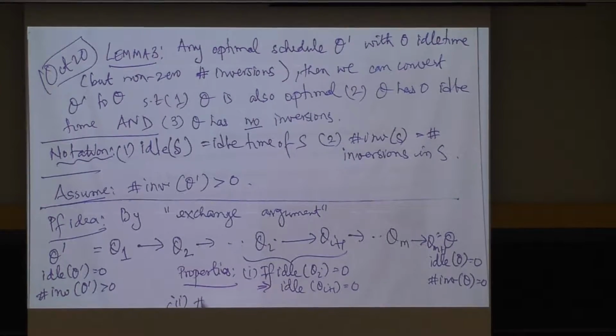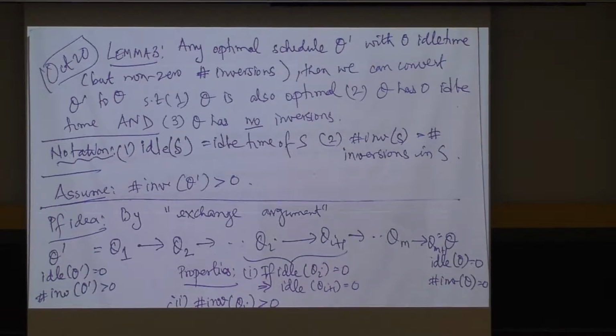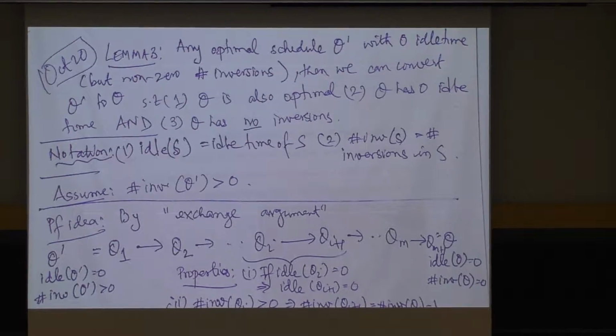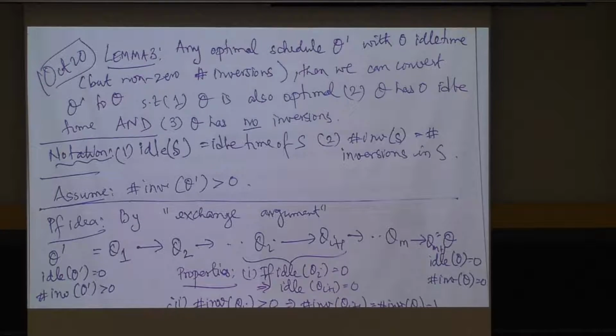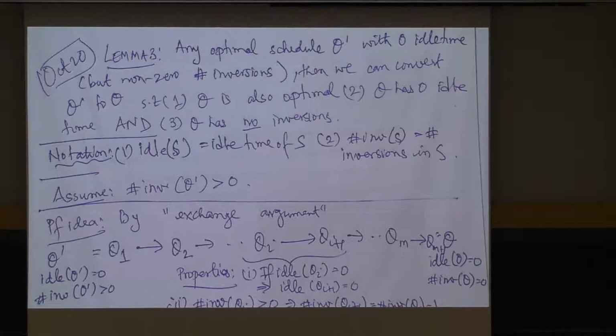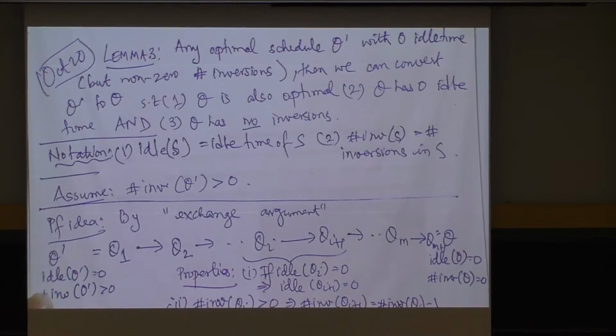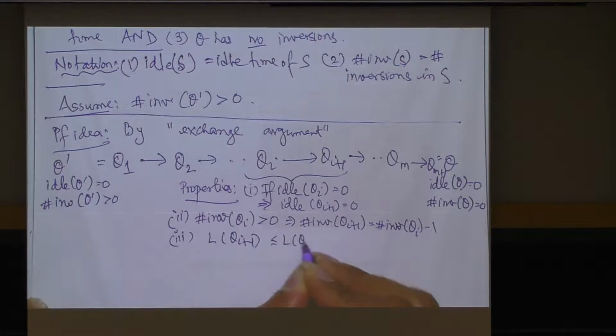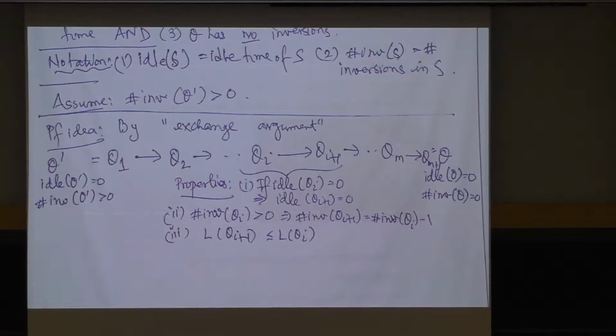The second one is, if the initial guy had non-zero number of inversions, then the new guy will actually have exactly one less number of inversions. Okay, so you're making some meaningful progress towards what you want. And the third thing that you have to ensure is make sure you don't increase the lateness. Can you move it up? Yes, I can. Thank you. And we'll make sure that the lateness does not increase. Okay?